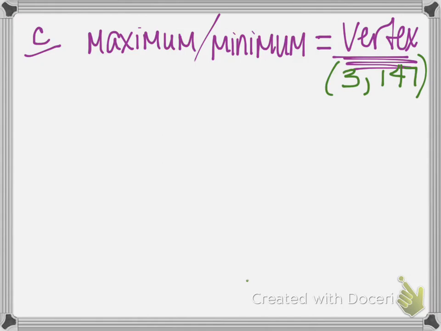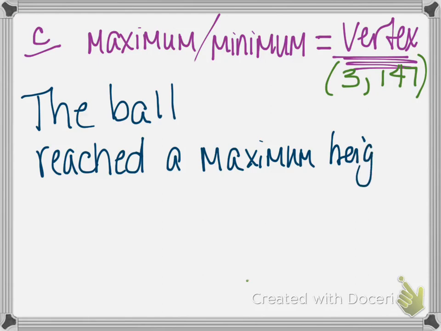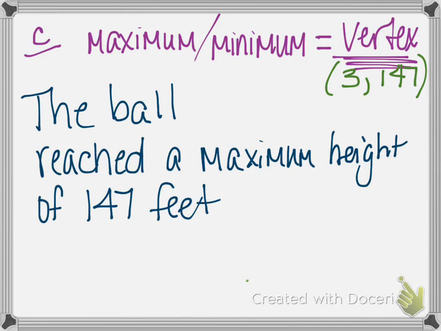Again, this is a real world question that deserves a real world answer, not just saying, oh, maximum 3, 147. That's not going to answer anybody's question. So we write: the ball reached a maximum height of 147 feet after 3 seconds.